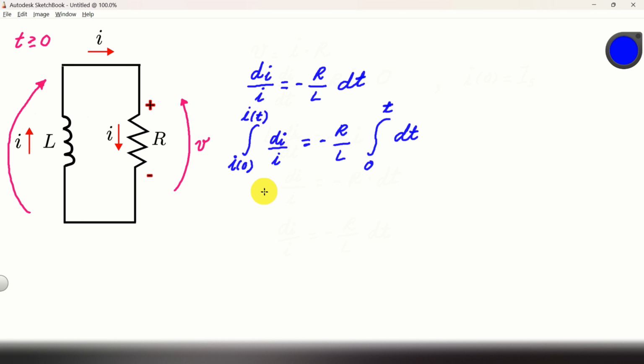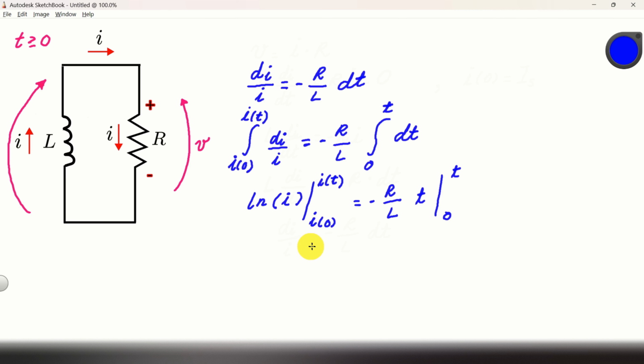Integral of di over I is obviously an ln function of I, with the bounds from I of 0 to I of t. On the right hand side we have minus R over L, and we have t, with the bounds from 0 to t.